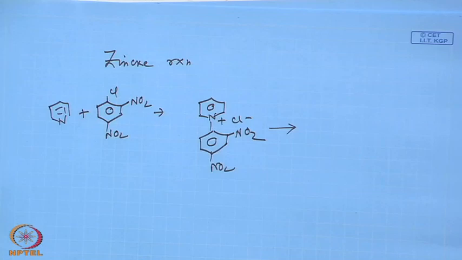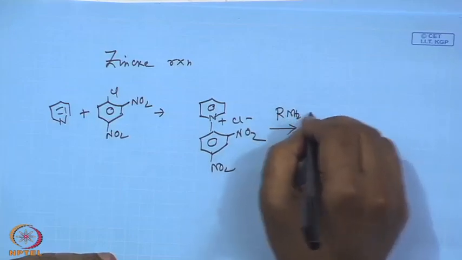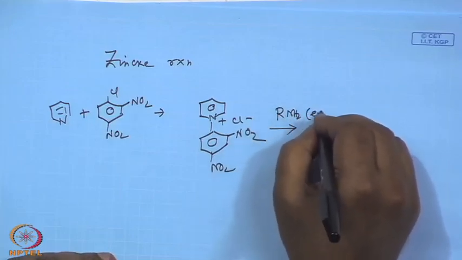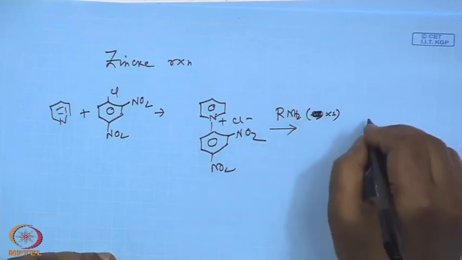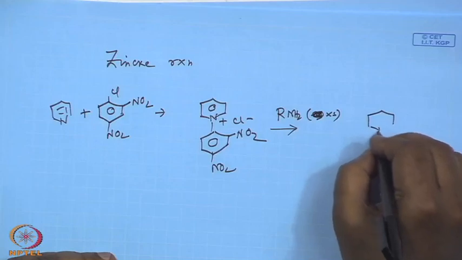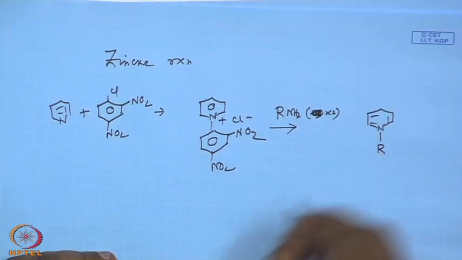Now, if you treat this with excess amine, what you are likely to get is something like this. This nitrogen does not belong to the pyridine nitrogen.